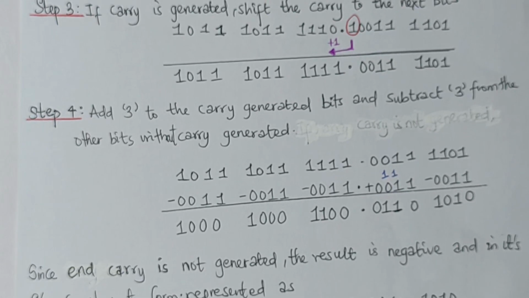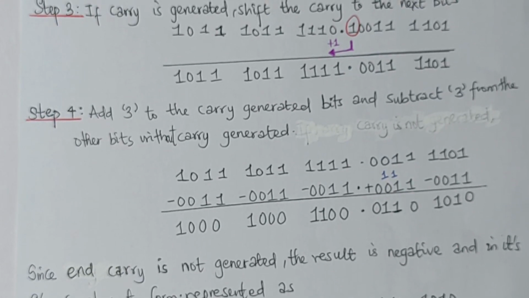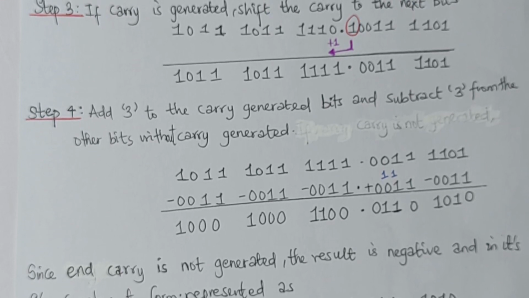And then we'll proceed. We will check if carry is generated. Now in this condition, we said that if carry is not generated, we'll check is carry generated. At this end, we are having 4 bits, right? So take a look at this.